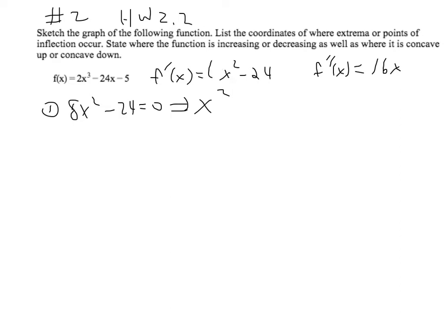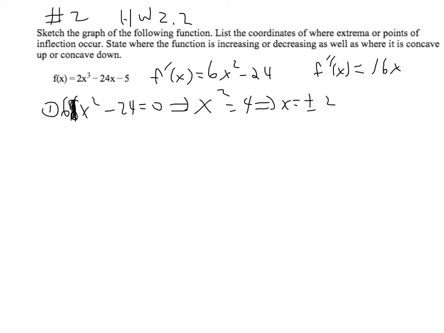Sorry, 3 times 2 is 6. I hope you didn't pause the video before you found out that I messed that up. All right, so this is a 6. Okay, so that's better. So 6x squared minus 24 equals 0 is the same thing as x squared equals 4, which means that x is plus or minus 2.